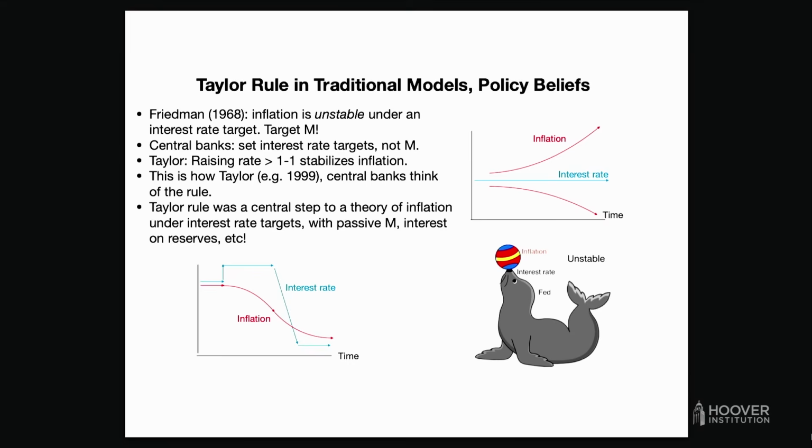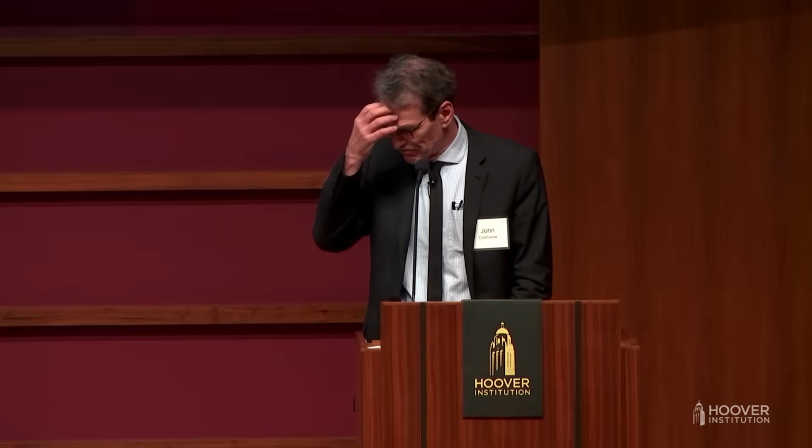So here's where John comes in. Not only do they not set the money supply, there are no reserve requirements. Interest rate on reserves is the same as other things. We're just awash in liquidity. So raising the rate more than 1 for 1 in this kind of model stabilizes inflation.